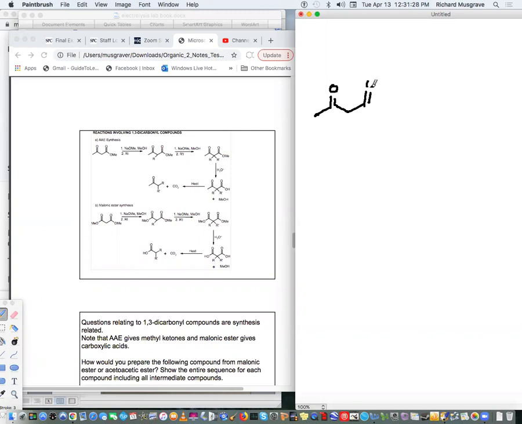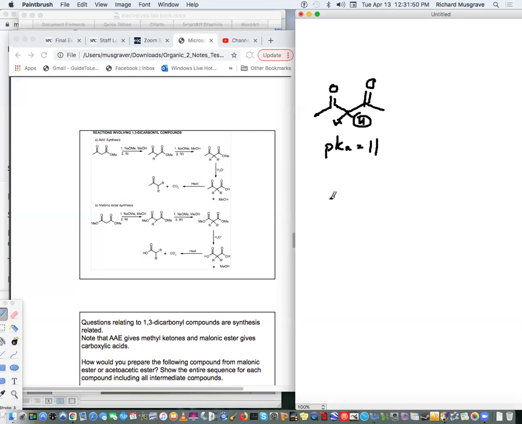For compounds of this kind, the hydrogens here are actually quite acidic. So the pKa of these hydrogens is around 11.